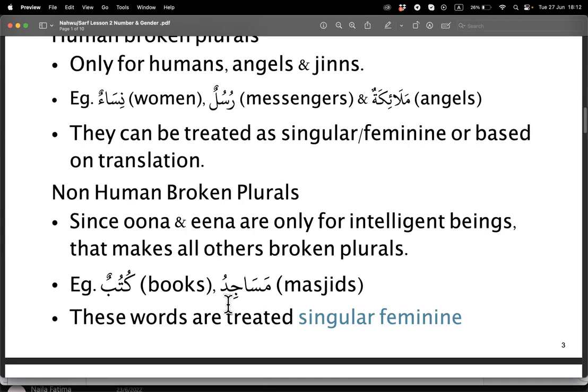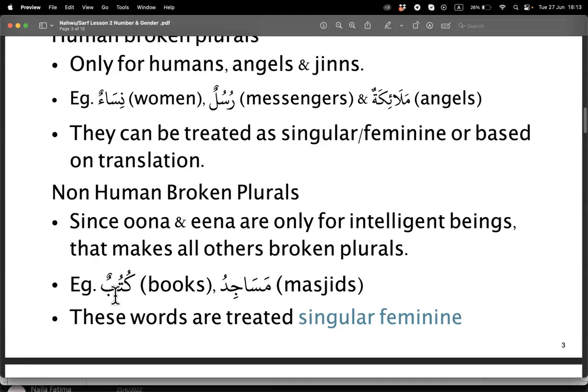So all these words are like singular words, right? If you see, there's no ending combination, right? So this would be rafa, this is also rafa. There's no ending combination for them. So if you see these words and don't know the meaning, you might think it's singular. But it's actually plural. But grammatically, since it's a broken plural, it's still treated singular feminine.